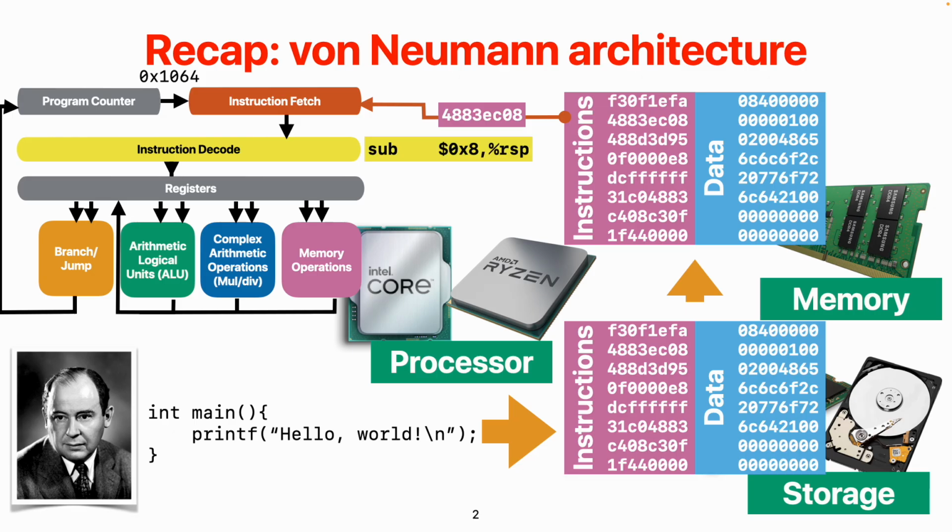Once we get the content, we analyze the bit strings that we receive to figure out what kind of operation we want to do. Then we prepare the inputs for this upcoming instruction, select the appropriate functional units in the processor to execute it, and write back the result somewhere in the processor for future usage.